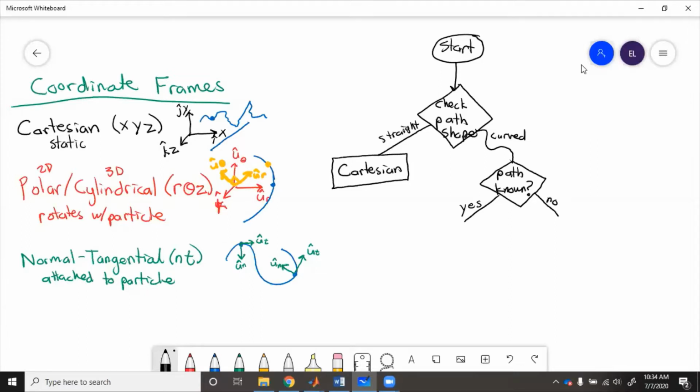So if we don't know the path, use polar. If you do know the path, then check to see if r is a function of theta. If it is a function of theta, use polar.